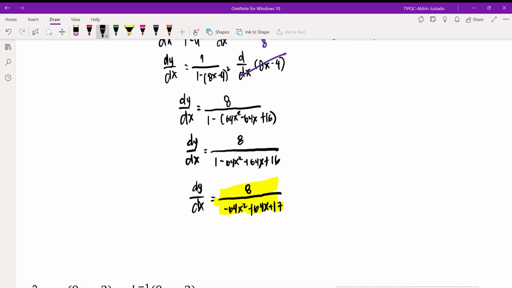Or we can write this as negative 8 over 64x squared minus 64x, this is minus 64, sorry, I forgot, this is minus 64 pala guys.